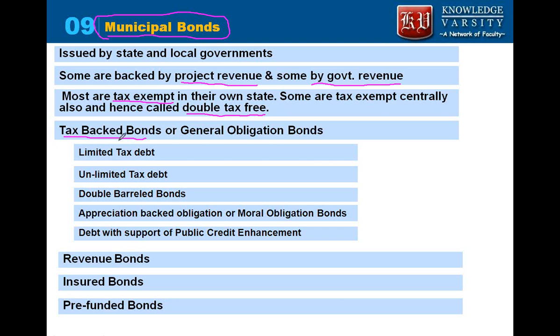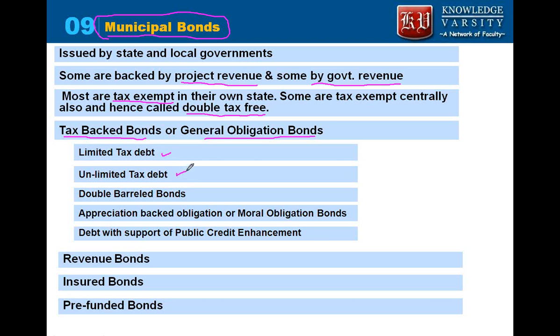So these are called tax backed bonds or general obligation bonds. You have different varieties in this. You have limited tax debt, that is, whatever the revenue from tax is there, it will be paid back, but the government or the municipality will not increase the tax to pay the investor.